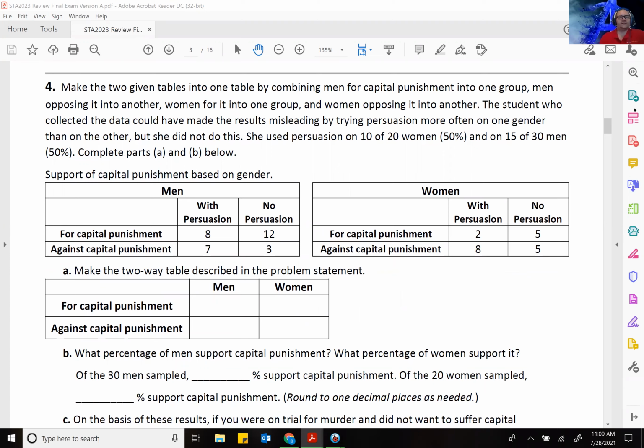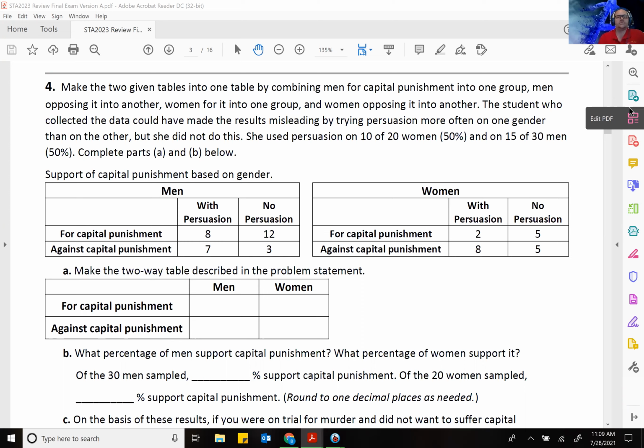So in number 4, it says, make the two given tables into one table by combining men for capital punishment into one group, men opposing it into another, women for it into one group, and women opposing it into another.